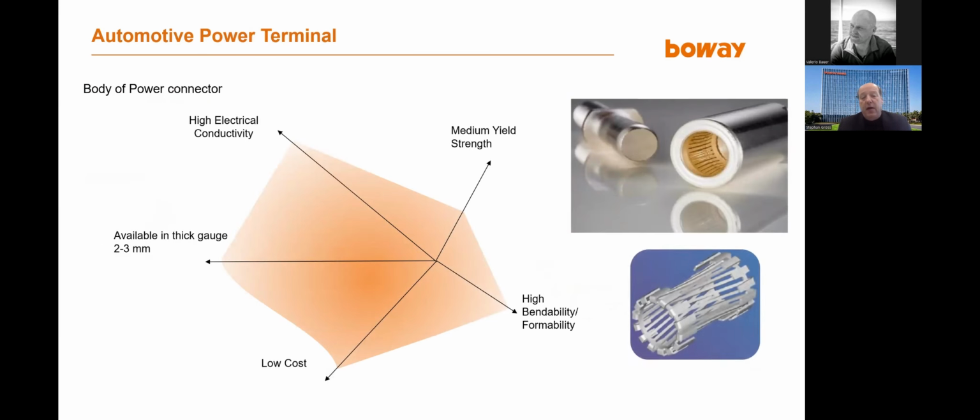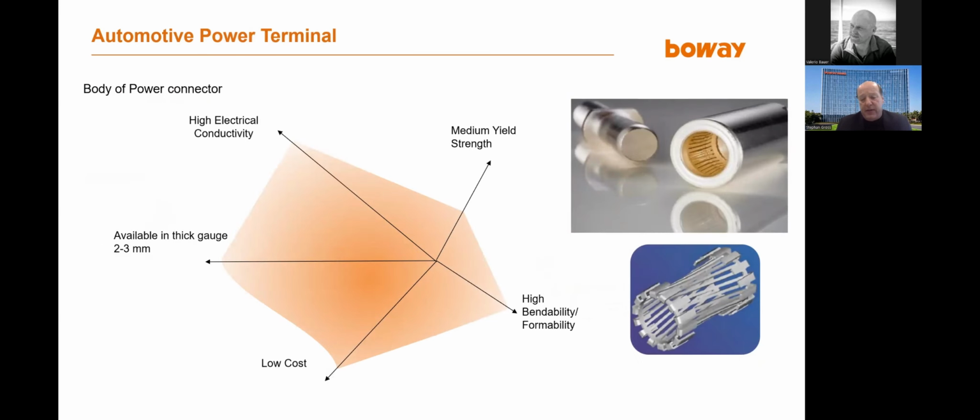If we are moving now to automotive power terminals, you can see here two pictures. One is a rather large contact, with a big body and a spring inside. If we think about the spring, we can go back to the signal properties. But if you go to the body, this is using a lot of copper, and as such it must be something which can be done even in the thick gauges which are required.